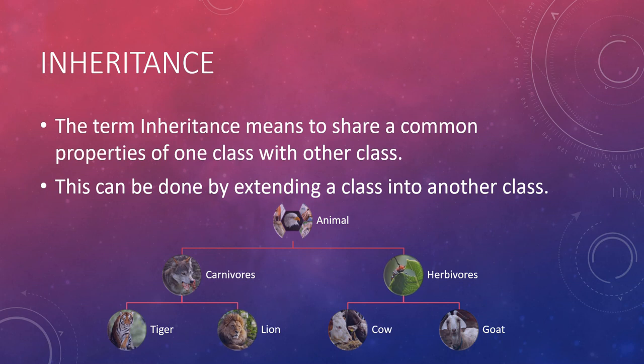Under carnivorous and herbivorous, you have a lot of specific creatures, like tiger and lion, which are of type carnivorous, and cow and goat, which are of type herbivorous. Carnivorous has the properties of an animal, and tiger and lion have the characteristics of a carnivorous: it eats meat. In the same way, herbivorous, that is cow and goat, have the properties of herbivorous: they eat green vegetables or leaves.